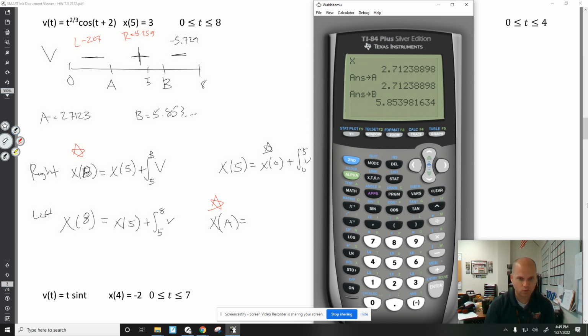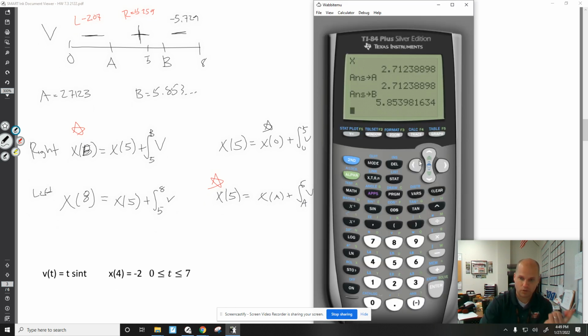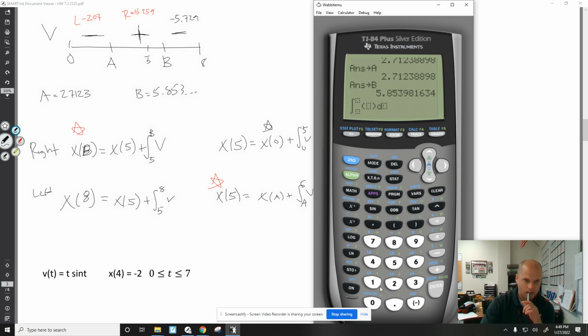X of A is going to be the trickier one. I'm going to say x of 5 equals x of A, because this is in the past, plus the integral from A to 5. It's helpful if you do this in the home screen, because once you have it in there with the A's and B's, it's easy to repeat.